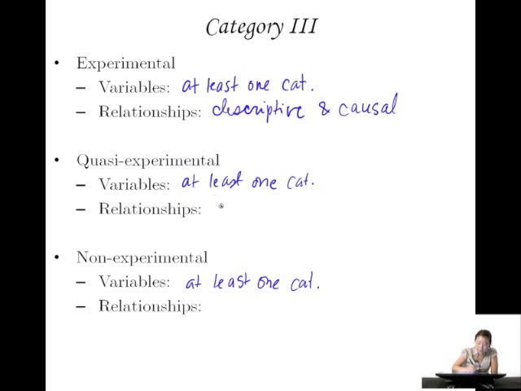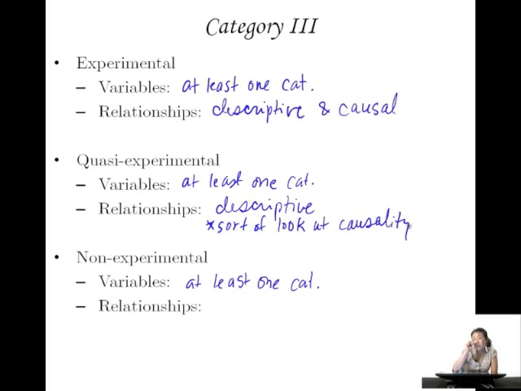For quasi-experimental, we could look at descriptive, and we could sort of come up with causal explanations, but not quite. And that's why it's called quasi-experimental. Sort of look at causality.